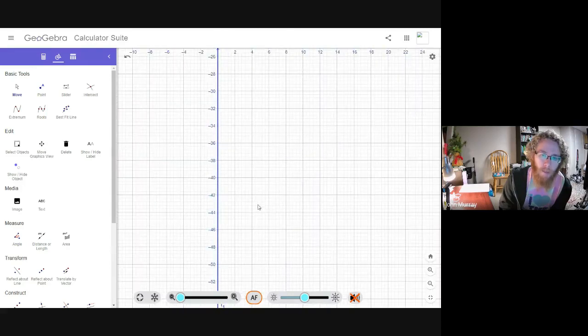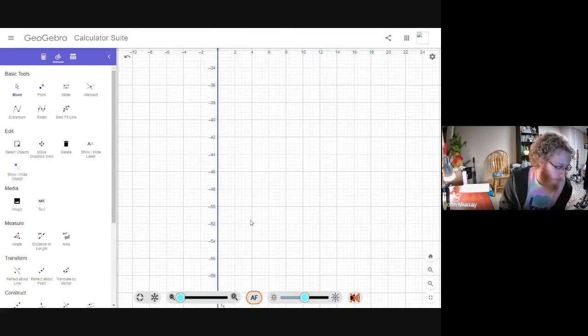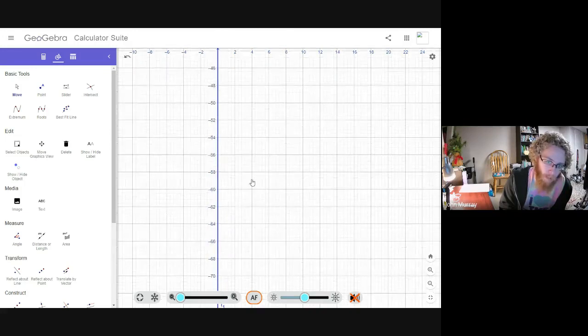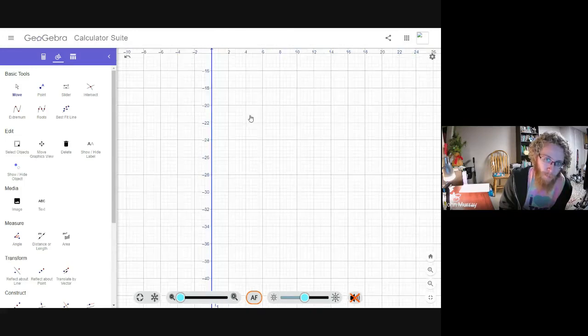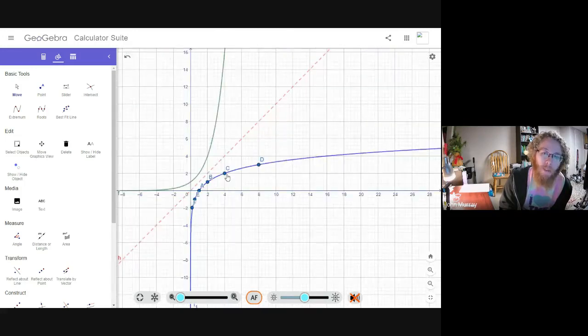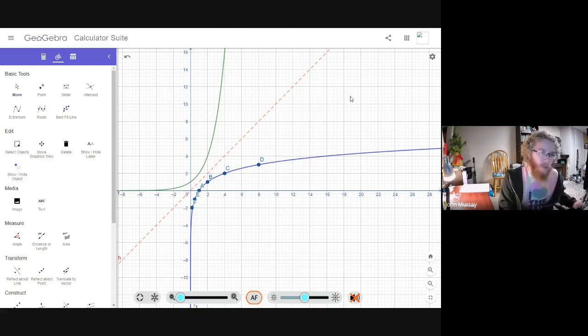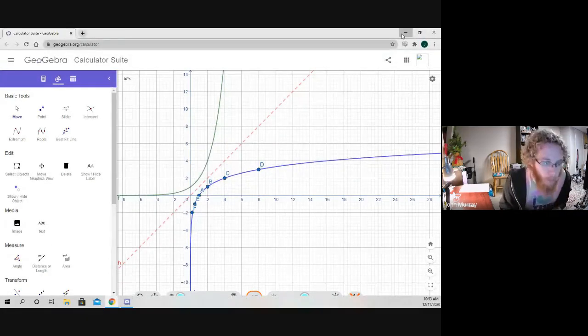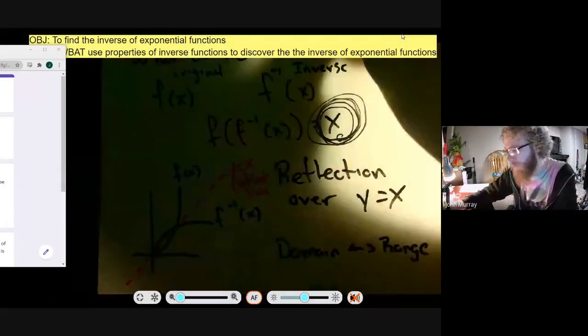If I keep following this down, I'm never going to cross to the other side of that y-axis. What we have here is the inverse function of our exponential. That is what we're going to learn about in depth next week.